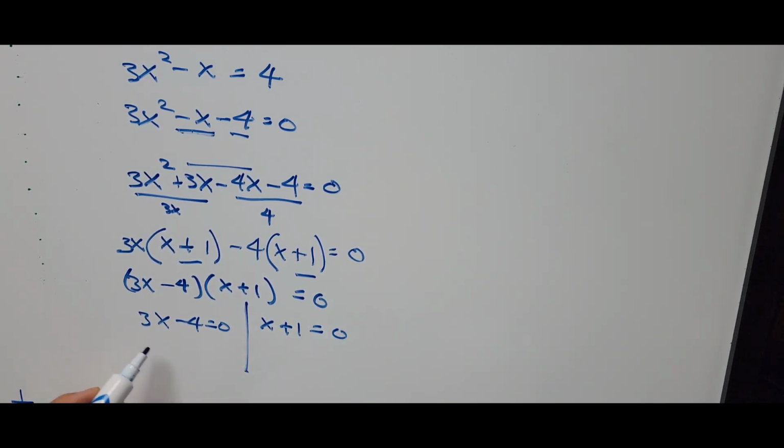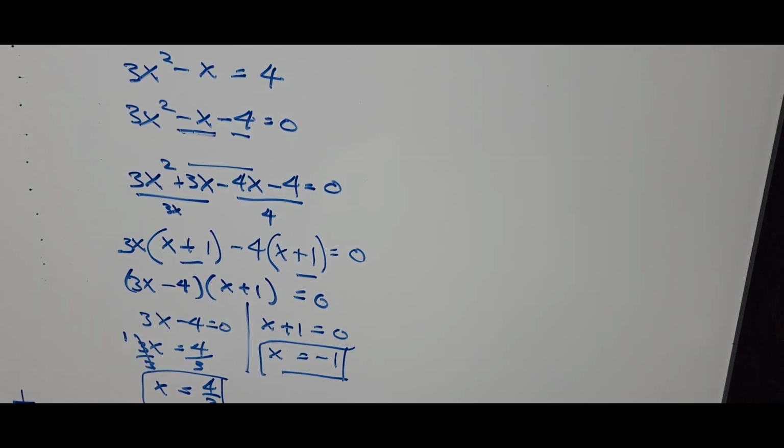Simplifying, 3x equals 4, and dividing by 3, x is 4/3. The other one becomes x equals negative 1. So those are the values of x.